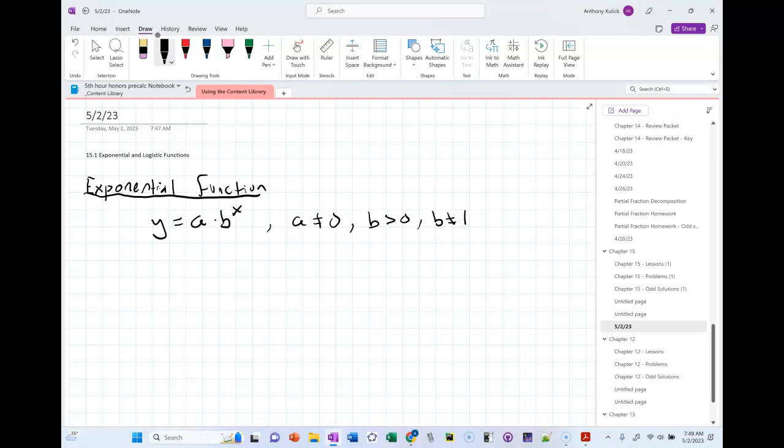What would happen if a was allowed to be 0? The whole thing is 0. That's a constant function, not exponential. What would happen if we allowed b to be 0? Same thing, right? The whole thing just turns to 0. What would happen if we allowed b to be 1?